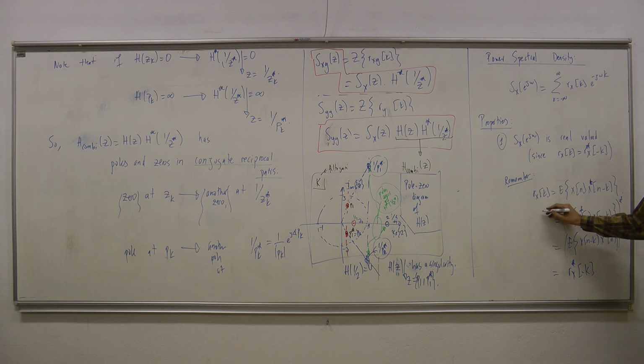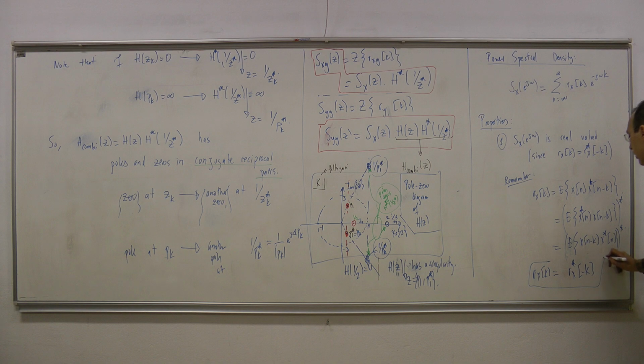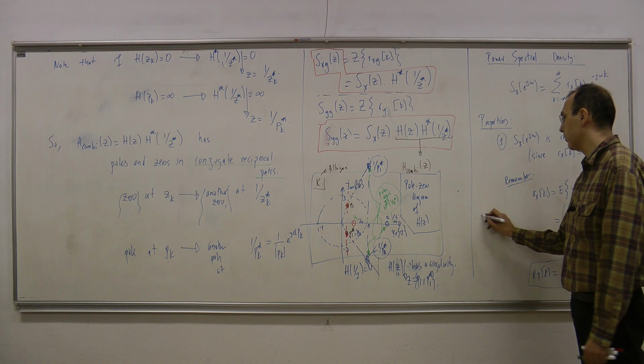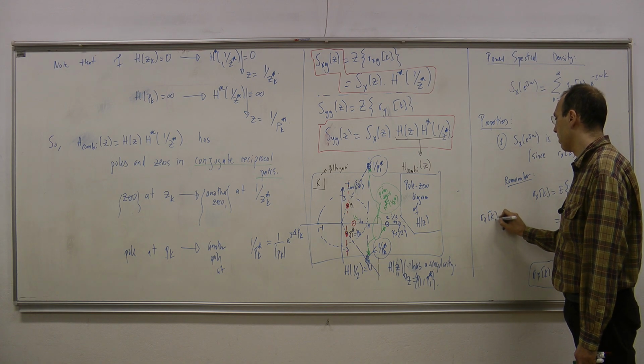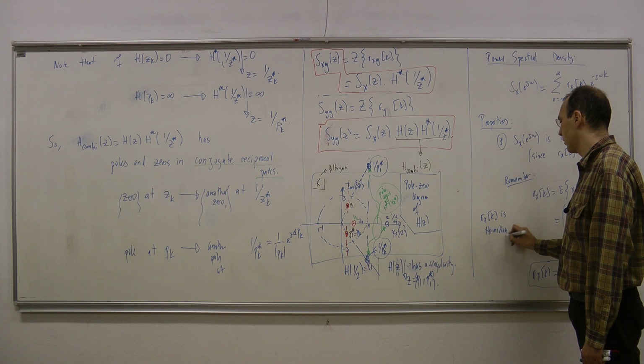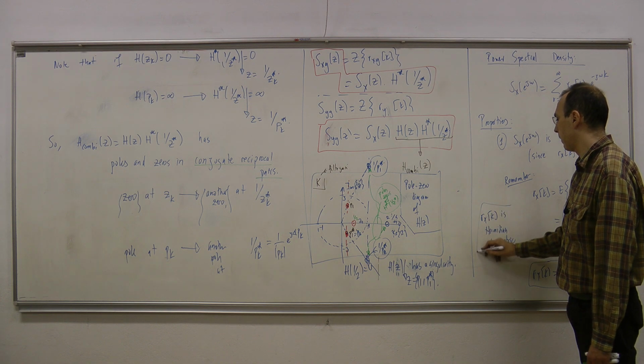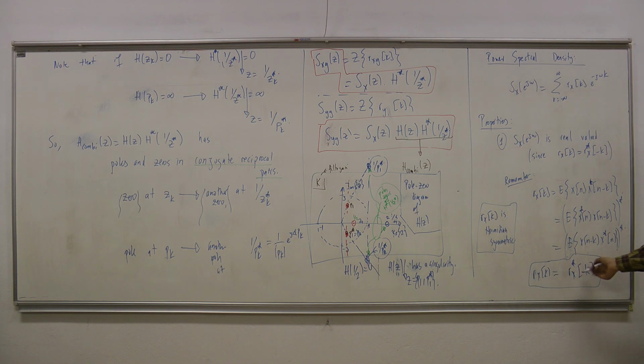So indeed, for this autocorrelation, because of this, I have such an equality. So autocorrelation is Hermitian symmetric. Rx of k is Hermitian symmetric.